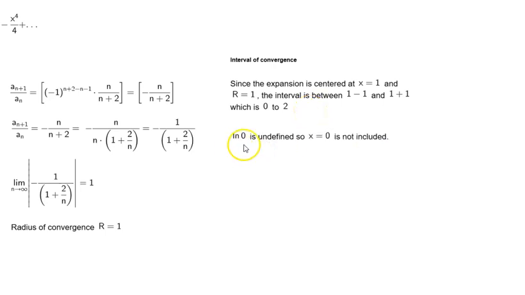Now, natural log of 0 is undefined. So x equal to 0 is not included. Natural log of 2 is defined and the series converges to it, so it is included. So the interval of convergence is (0, 2], where here it is open and here it is closed.